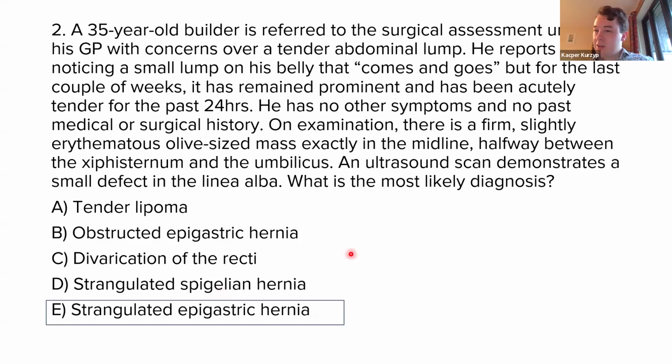Now, epigastric hernia fits with the location between the xiphisternum and the umbilicus. And this one is likely strangulated as it's starting to get tender. It was probably incarcerated for some time, for a couple of weeks, but now it's becoming acutely tender, pointing towards strangulation.